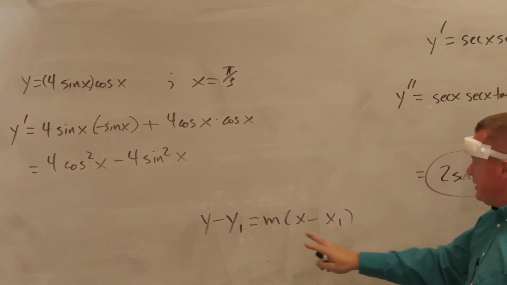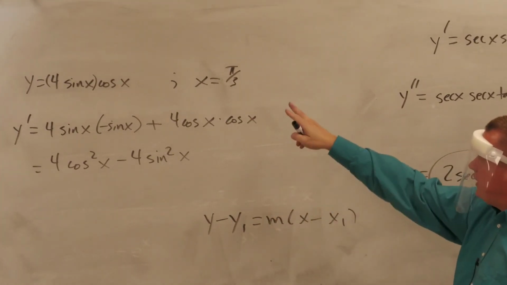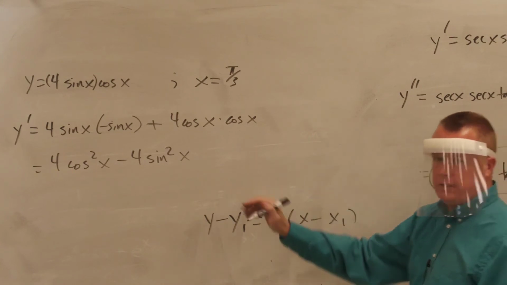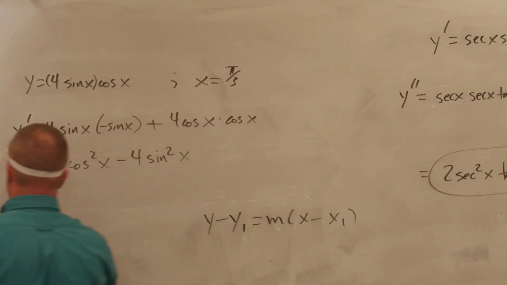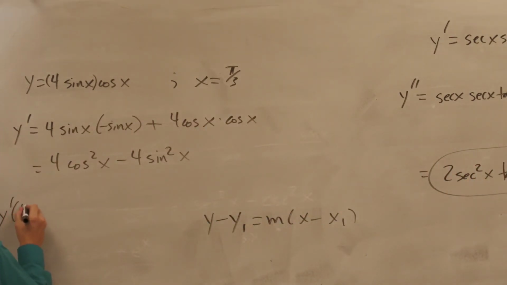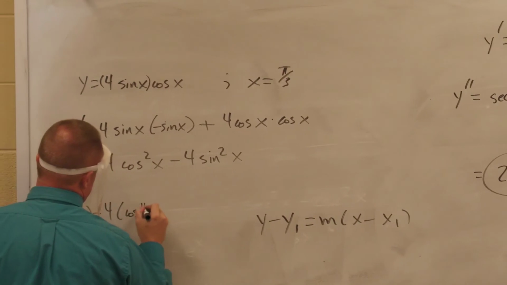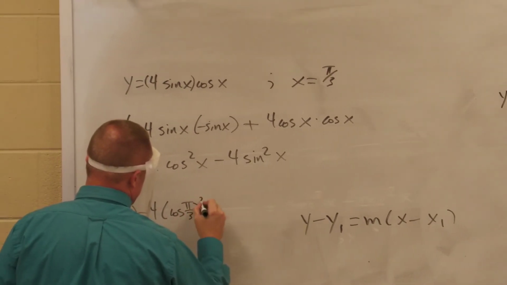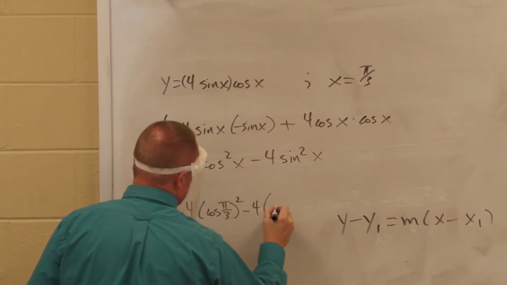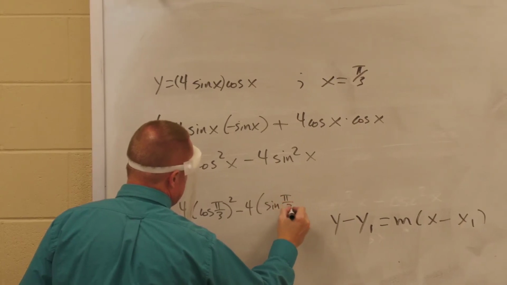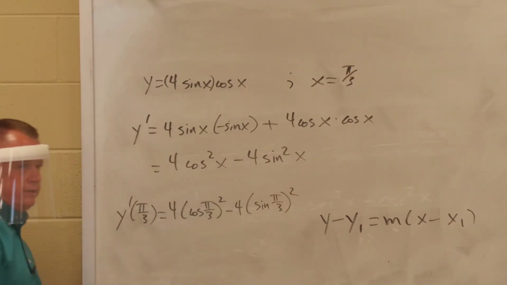Okay. So to get the slope, let's plug pi over 3 into the derivative. Okay. So if I put pi over 3 into the derivative, I've got to do 4 times the cosine of pi over 3 squared minus 4 times the sine of pi over 3 squared. Okay?